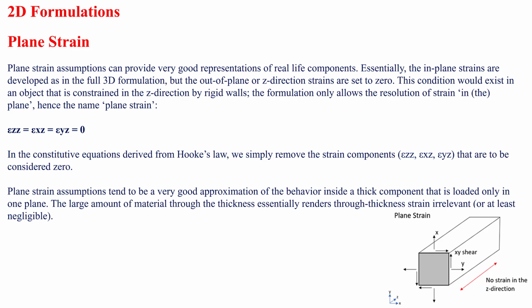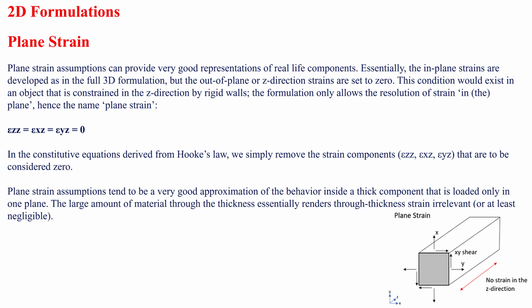When it comes to plane strain, this assumption can provide a good representation of real components. In plane strain, we just neglect the z direction strains, so they are all set to 0.